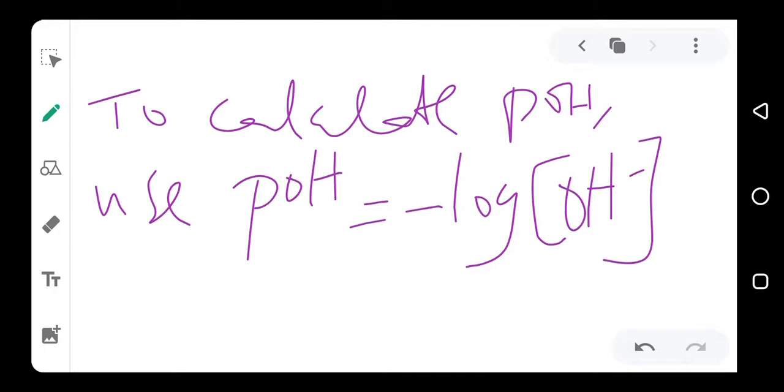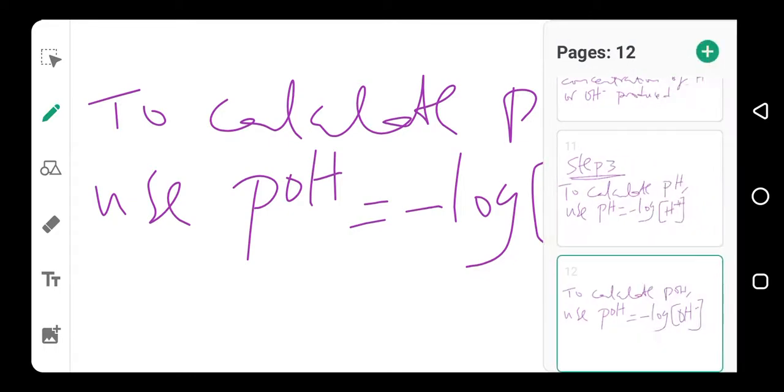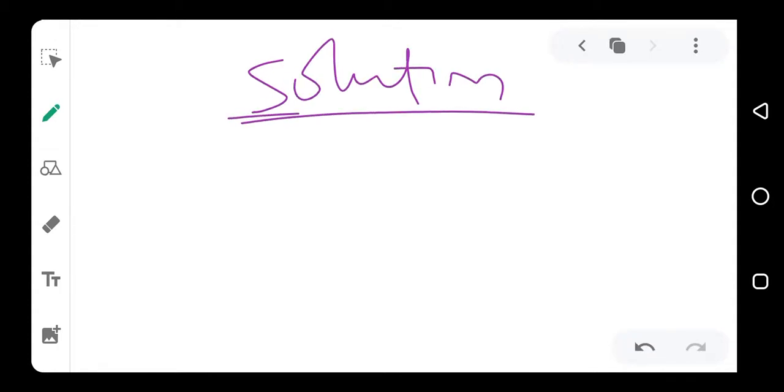Now let's solve example 1. In solving example 1, the first thing for us to do is to write the equation for the ionization of the acid.